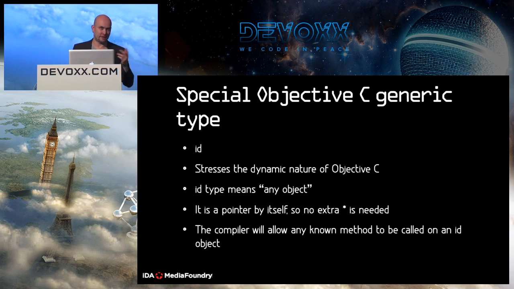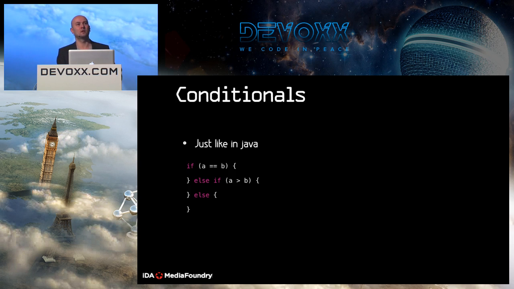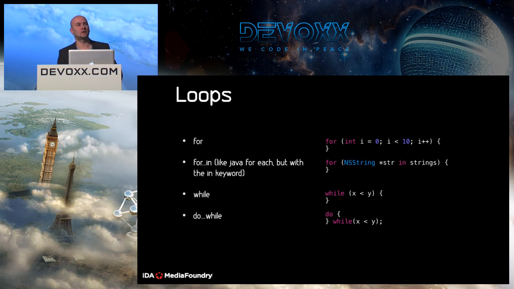But know that if you are saying ID, you say as a developer, I take full responsibility for what I do with the variable. Compiler, leave me alone. Don't complain about anything. Well, it will complain if it doesn't know the method at all. But for instance, if I have this ID variable that points to a person, and I call this dictionary method on it, it will fail at runtime. You won't see it at compile time. Okay, so this is something to take care of.